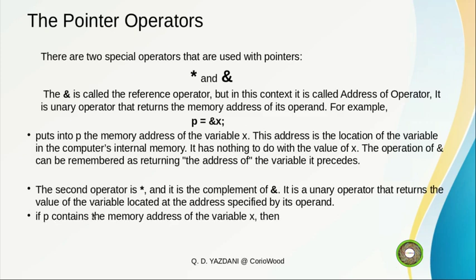Okay, if p contains the memory address of the variable x, then the value is equal to star p, because now we are going to assign p, which has a value, to the value. I think it's very easy, as I explained to you.